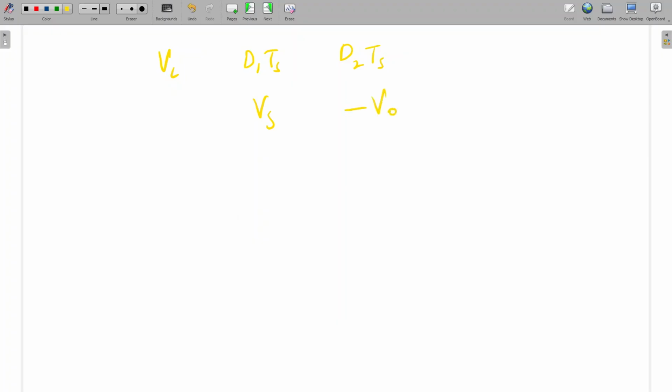Now we can apply volt second balance here. So D1 Vs minus D2 V naught should be equal to 0. So V naught divided by Vs should be equal to D1 by D2. From here we can calculate the duty of the switch. So V naught how much? 10.